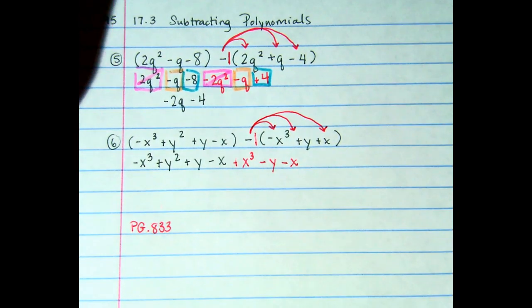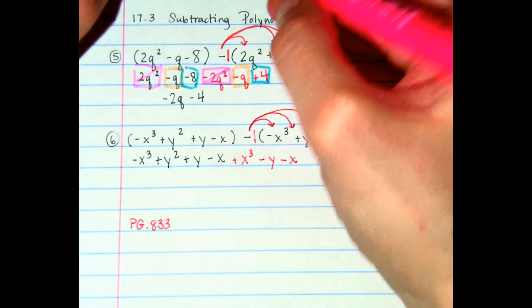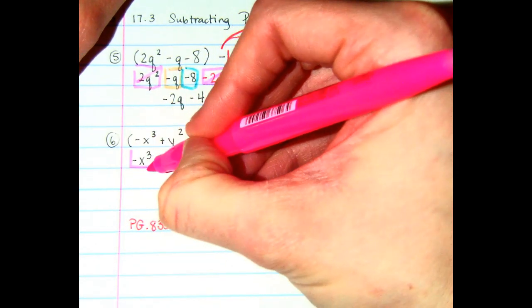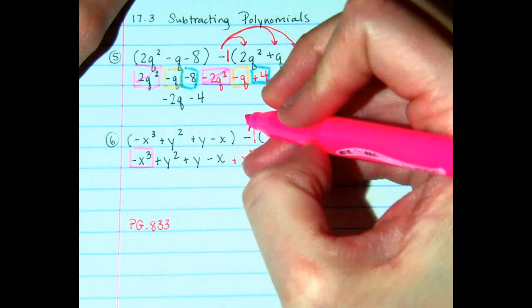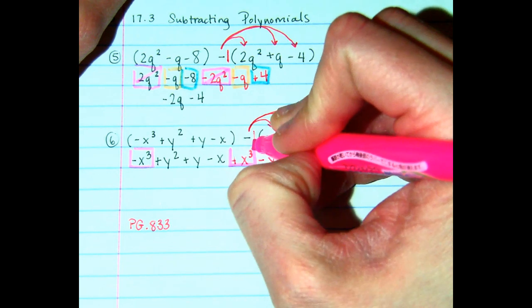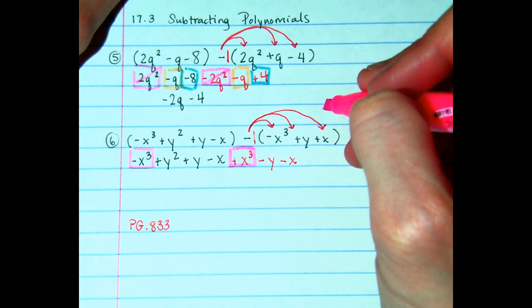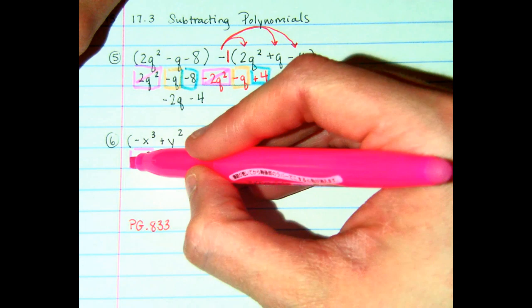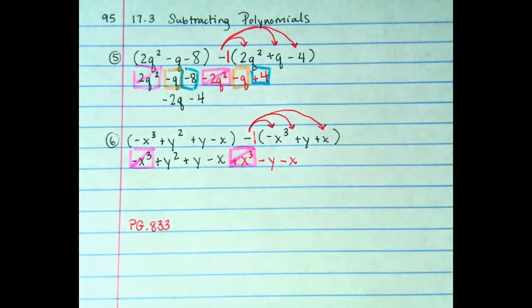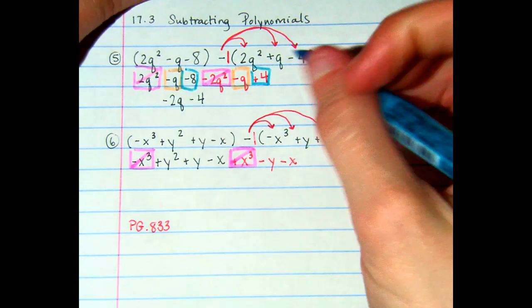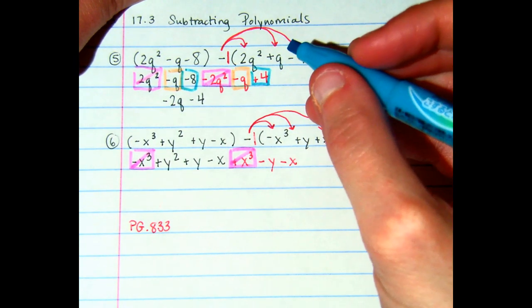Alright, what like terms do we have? And what is negative x to the third plus x to the third? Okay. Do we have anything else that's like terms? You have what?